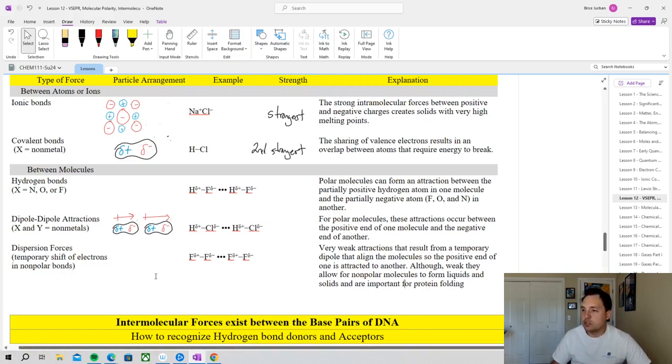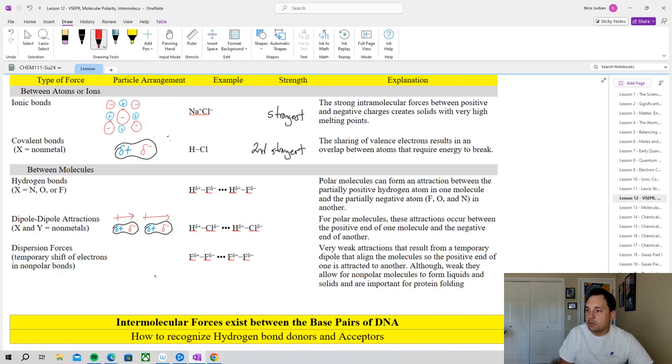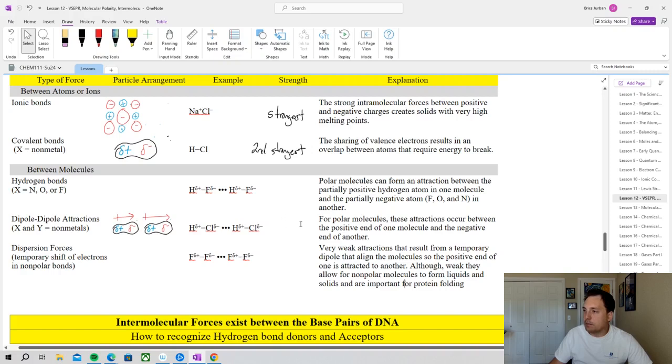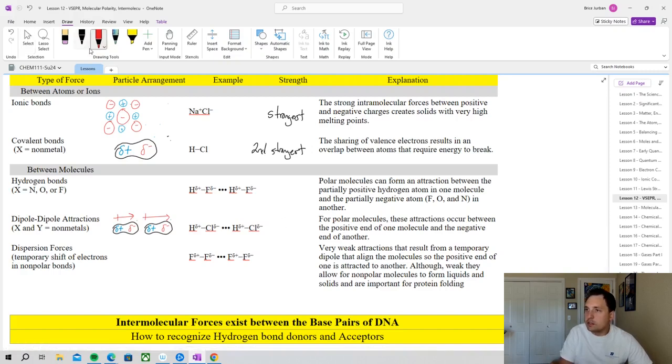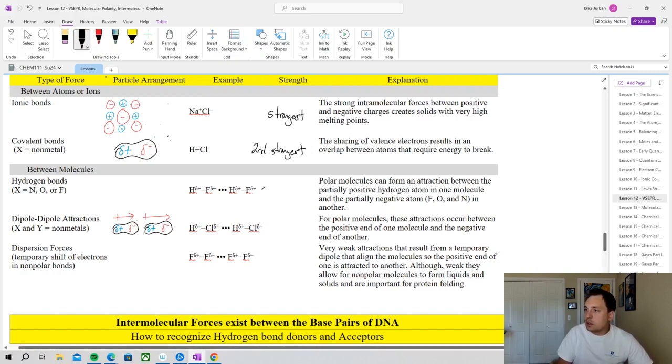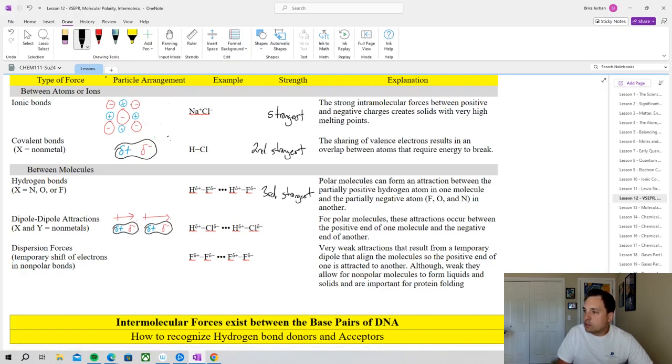So dispersion forces are very weak, but they add up over time. So I'll just say that this one is third strongest, fourth, so let's say second weakest, and then weakest.